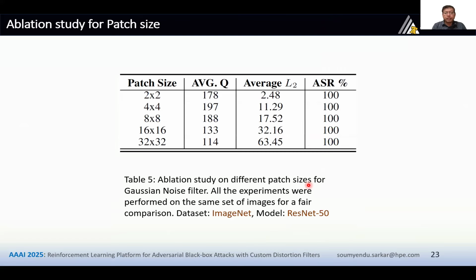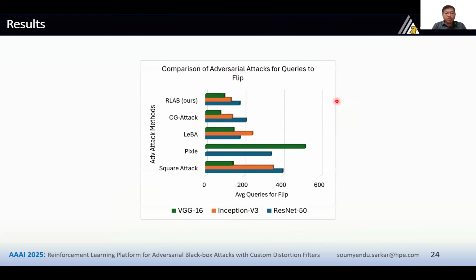And this is the ablation study of the patch size. As the patch size goes down, our lab has more efficiency in reducing the number of queries, lowering the L2 score, etc. Now, among some of these state-of-the-art attacks, here we're comparing VGG16, Inception V3, and ResNet 50.